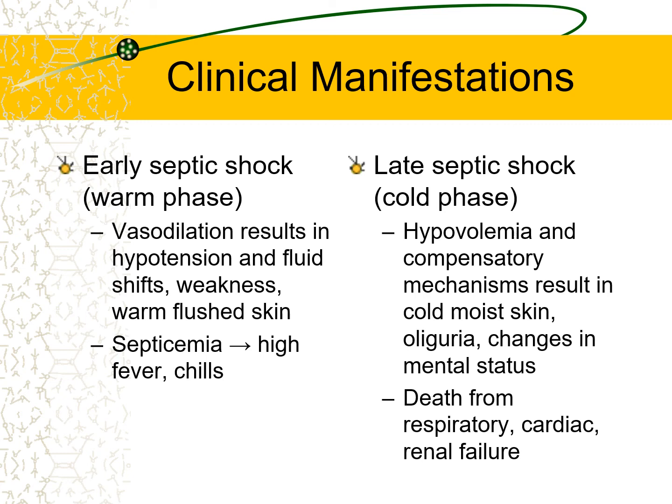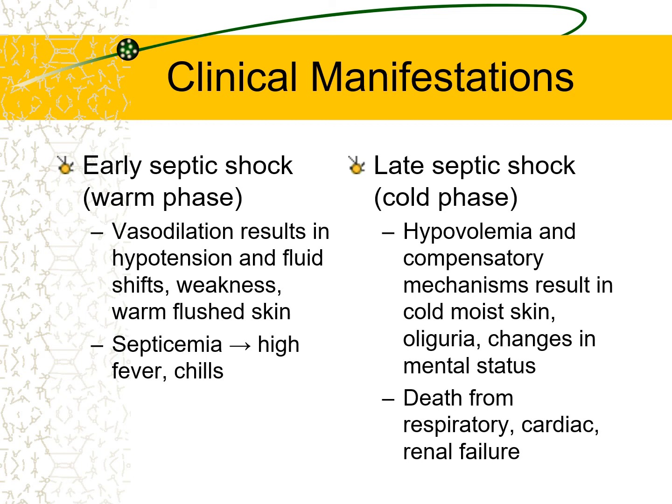At this point, the compensatory mechanisms are no longer working. The patient is definitely hypovolemic, or hypotensive, at this point. They're not putting out much urine because the kidneys are not being perfused well. We can see changes in mental status because we're having poor perfusion to the brain.